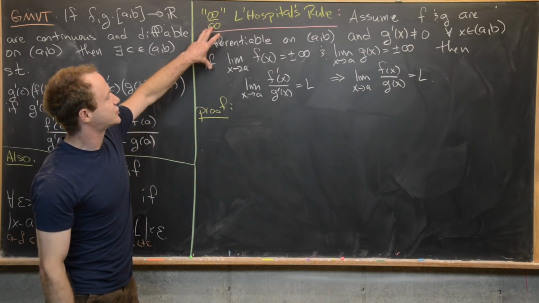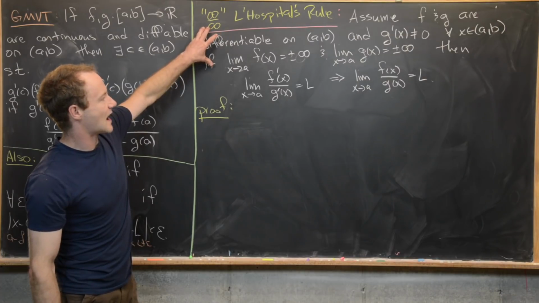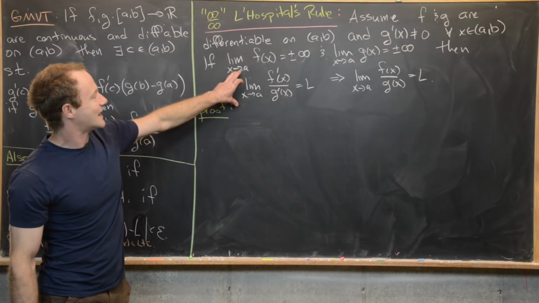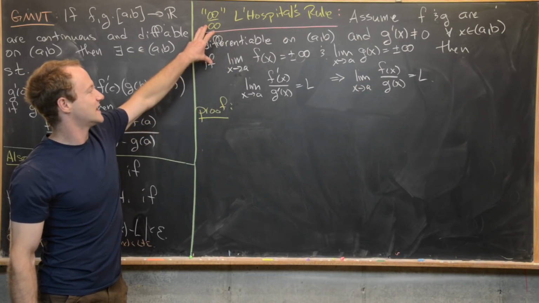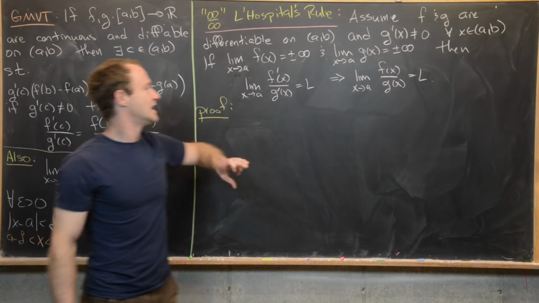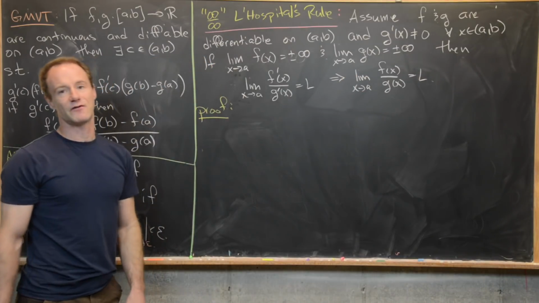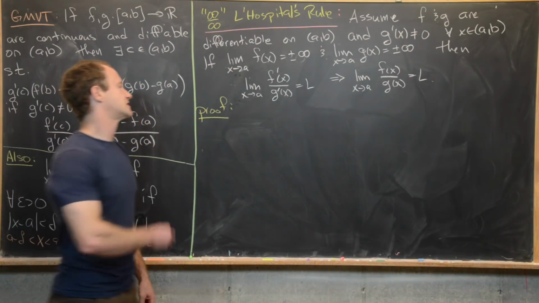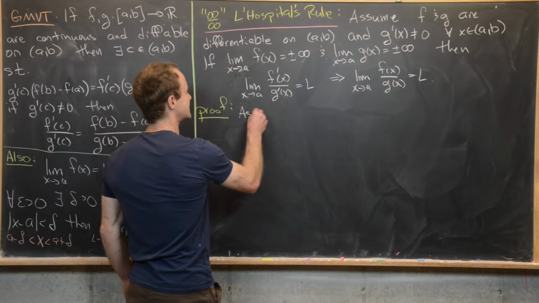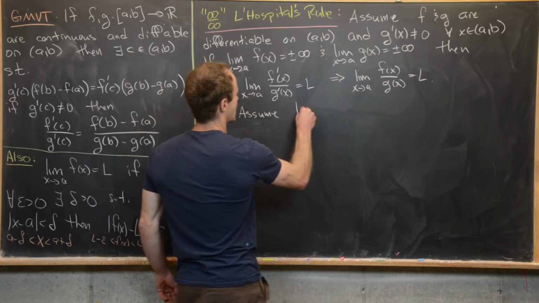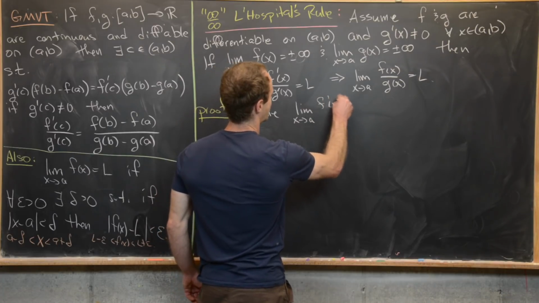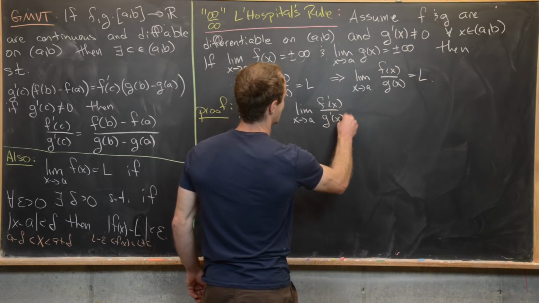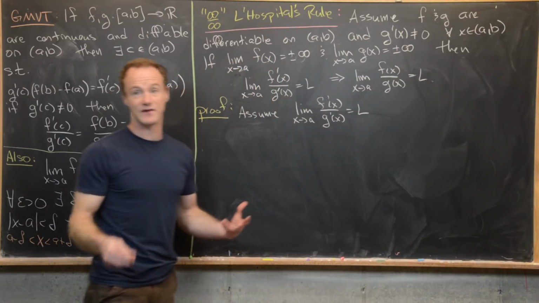So we want to assume all of this stuff up here in the hypothesis and this part of the if statement here and show that this, along with this assumption, implies that the limit of f over g equals L. So in other words, let's go ahead and assume that the limit as x goes to a of f prime of x over g prime of x equals L. That's our given.